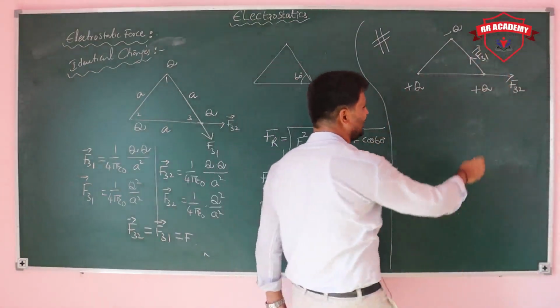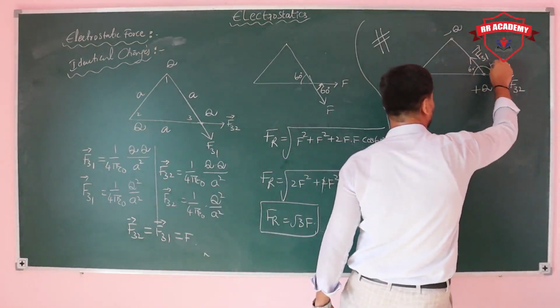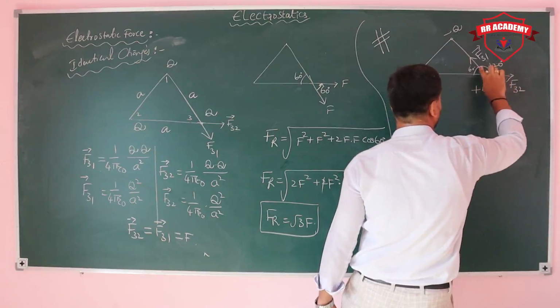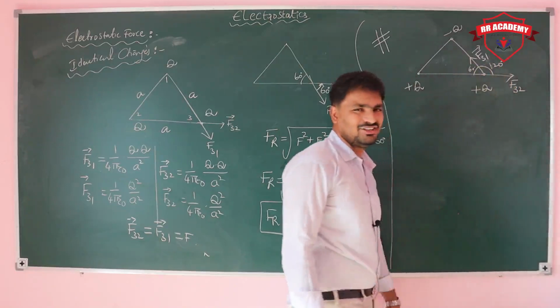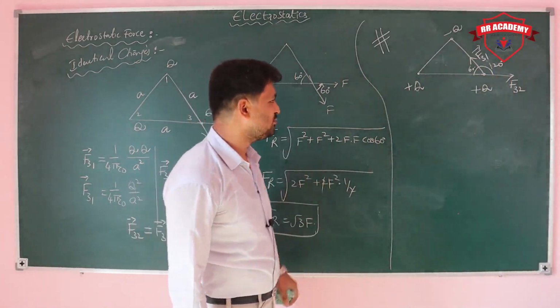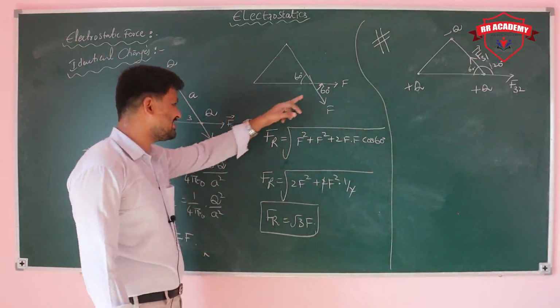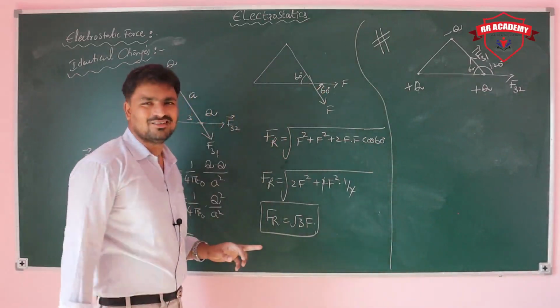Now what is the angle? This angle is how much? 60. Then this angle is going to be 120, because the total angle is 180. In the previous case, the angle between F31 and F32 was 60. Now the angle is 120.